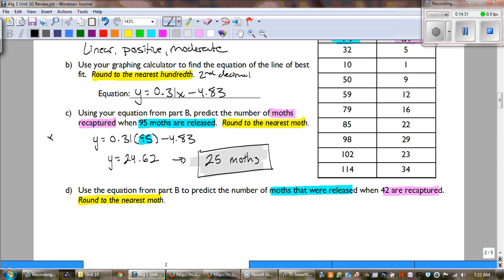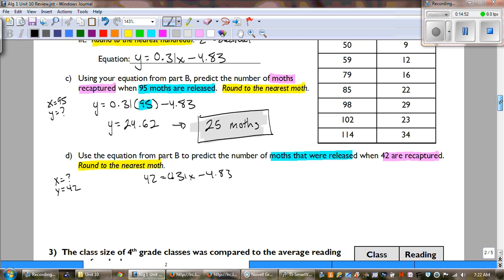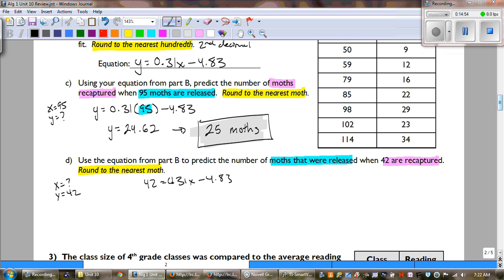So the last one, X was 95 and Y was a question mark. This time, X is the question mark and Y is 42. So in our equation, we have 42 equals 0.31x minus 4.83. All right, so how would we solve that?